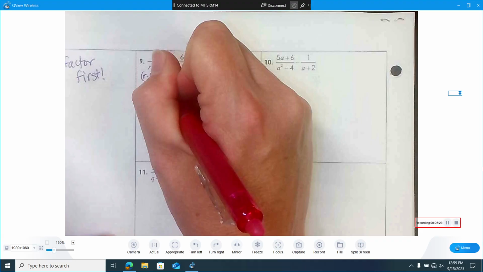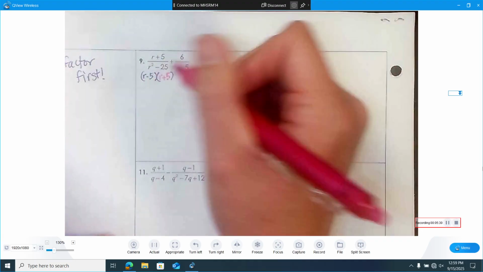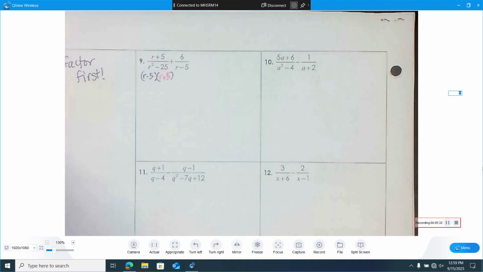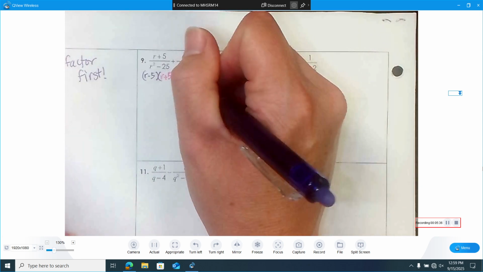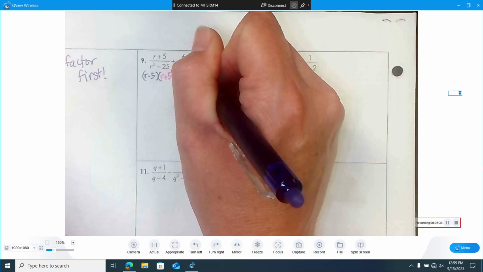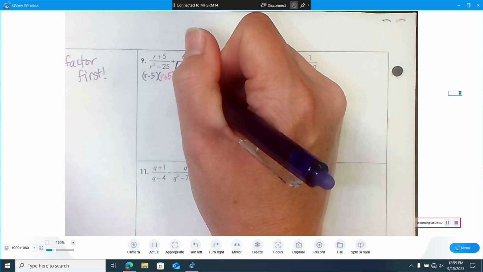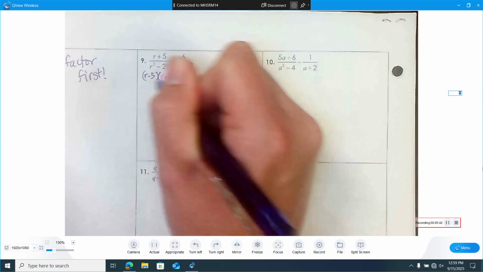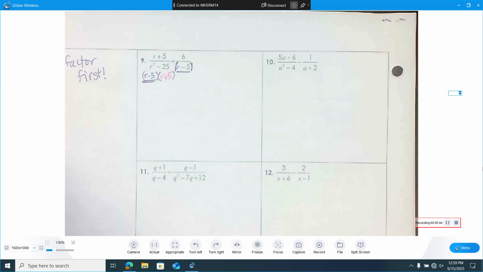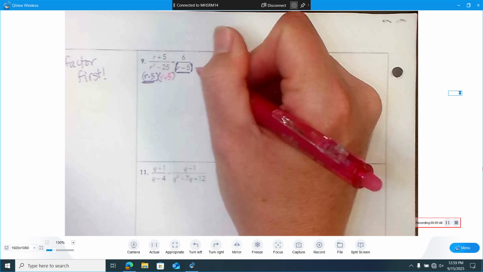R minus 5 and R plus 5. So again, that double bubbles there. And you'll notice my other fraction already has that denominator of R minus 5. So they both have the R minus 5. What does the second fraction need?